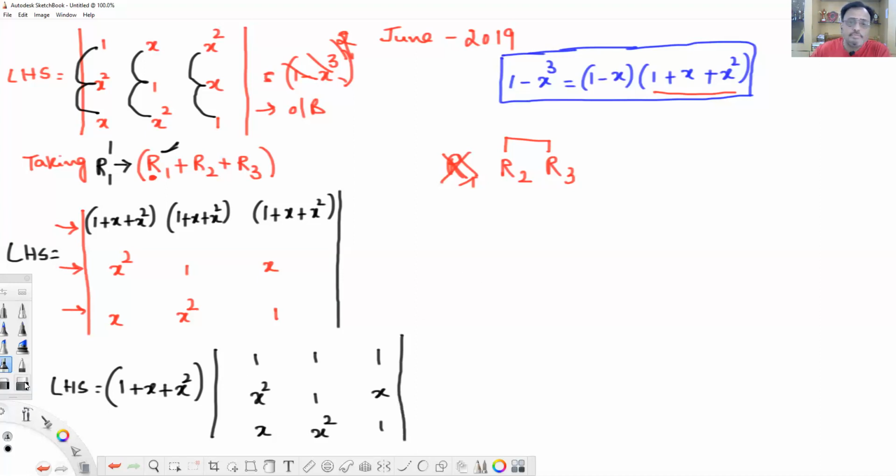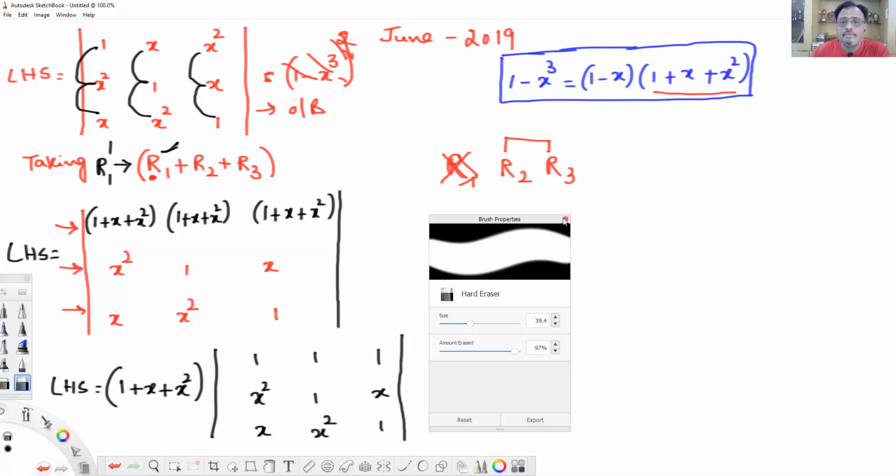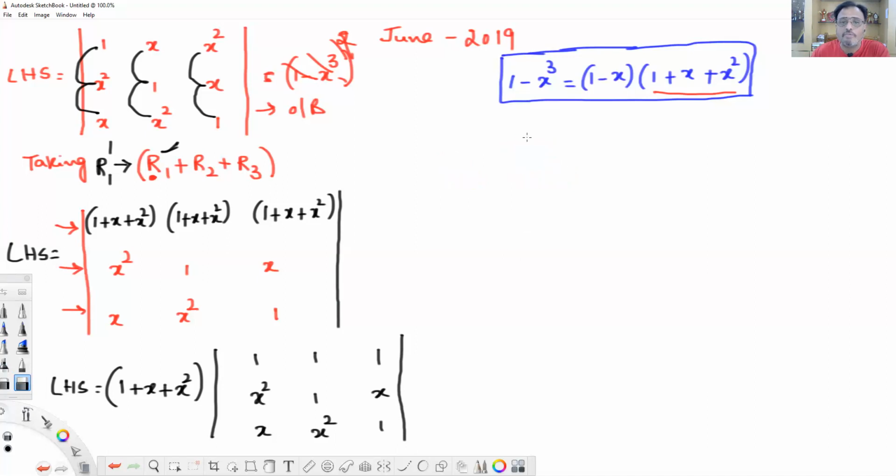Now, dear students, which operation can we do now? The same step I'll continue here once again, so I'm changing the color.